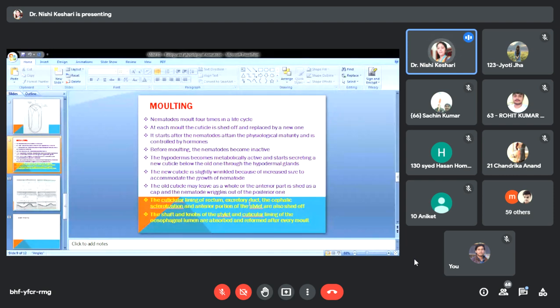Superimposed molting means the cuticles are superimposed, they don't shed. It is also called the spike tail stage, because the tail part becomes like a spike. So this development is called superimposed molting.